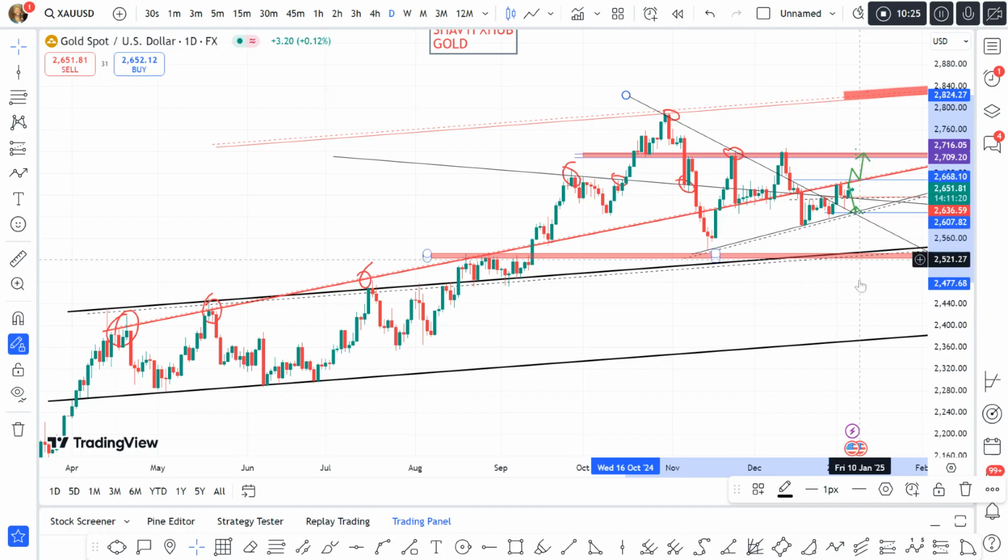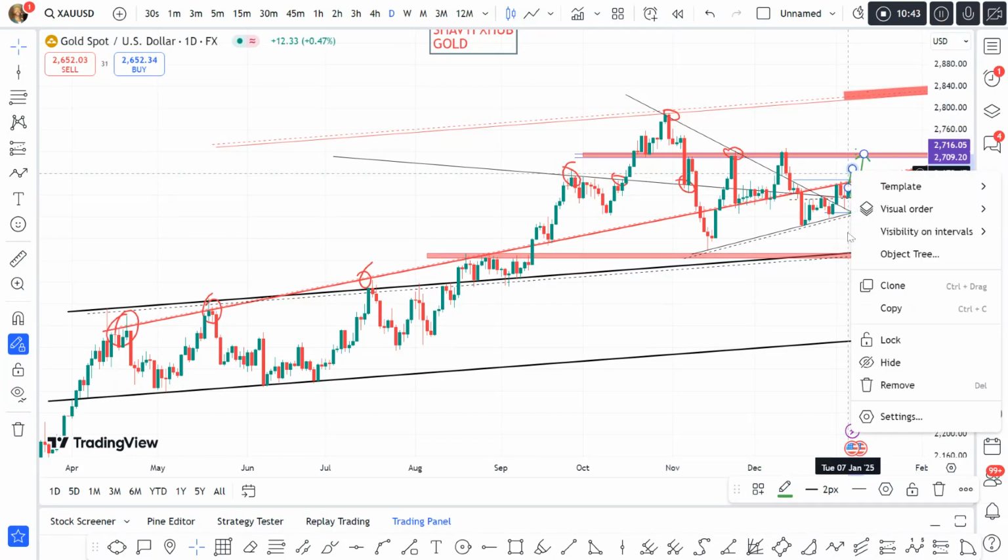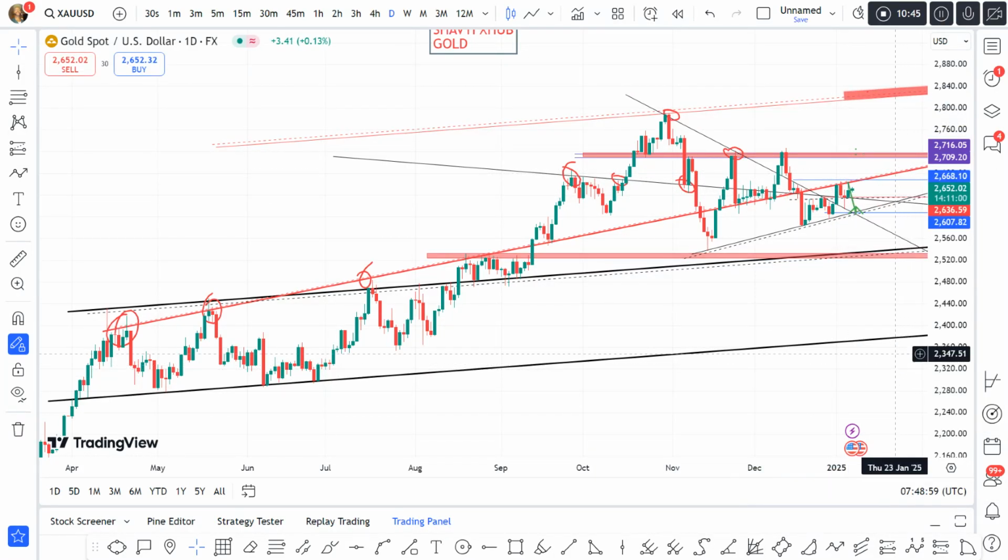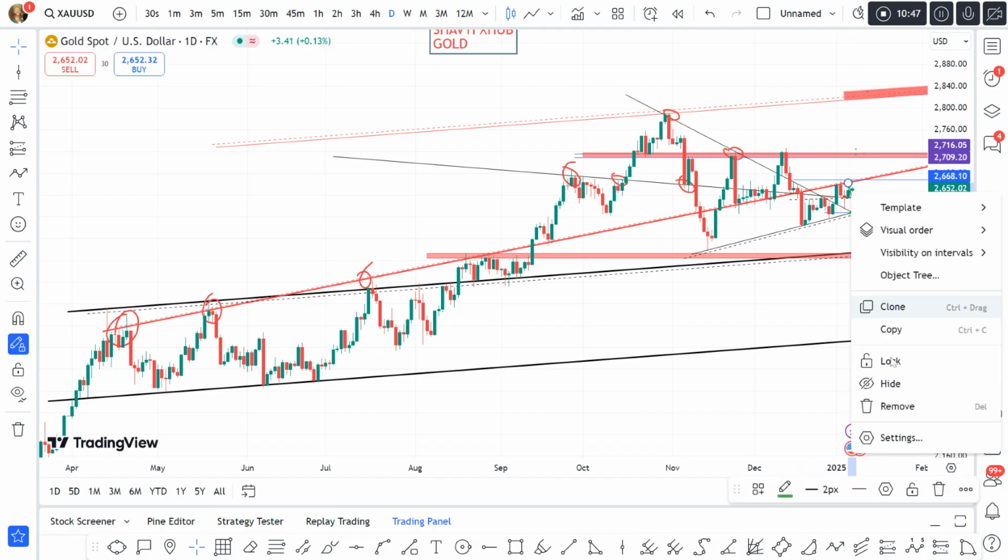So I think we go with the bullish. We want a retest into 2665. We want a retest into that one. After looking at the candle, you look at it again on 2 hours and on 1 hour.